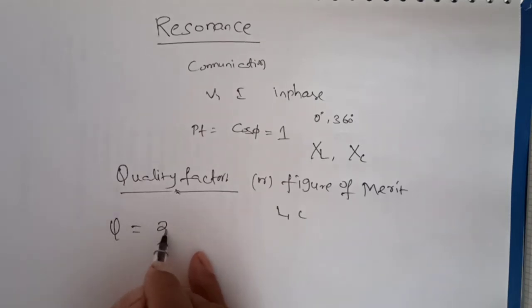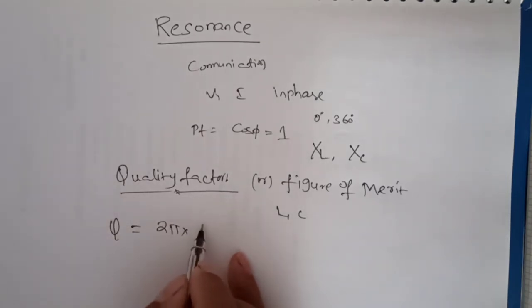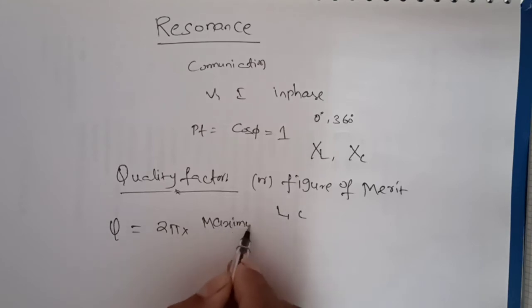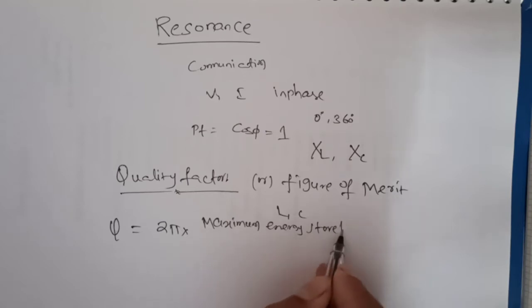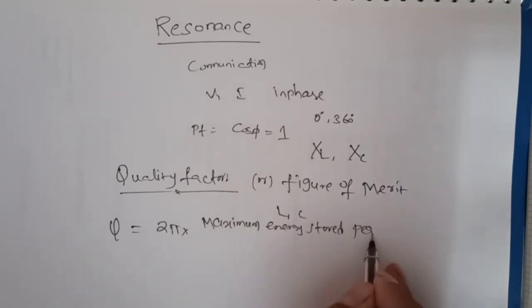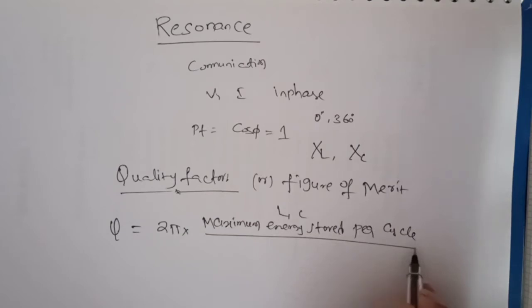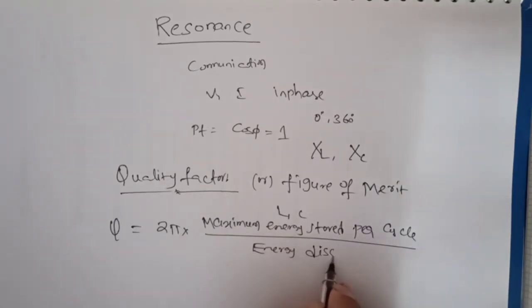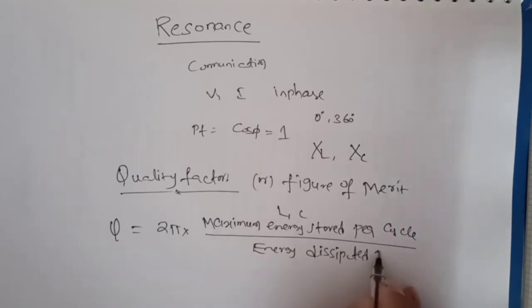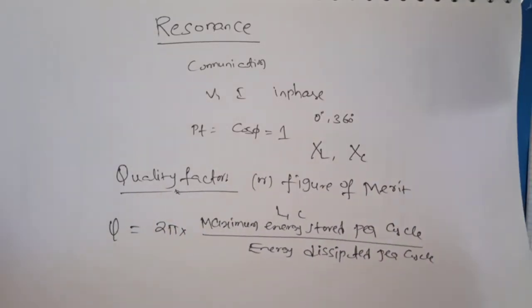Quality factor Q equals 2 pi into maximum energy stored per cycle divided by energy dissipated per cycle. This is the formula we use to find the quality factor of either a series RL or RC circuit.